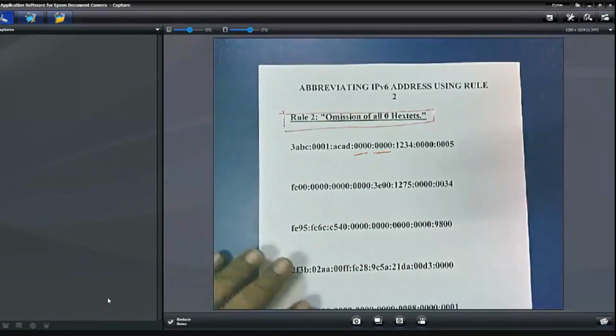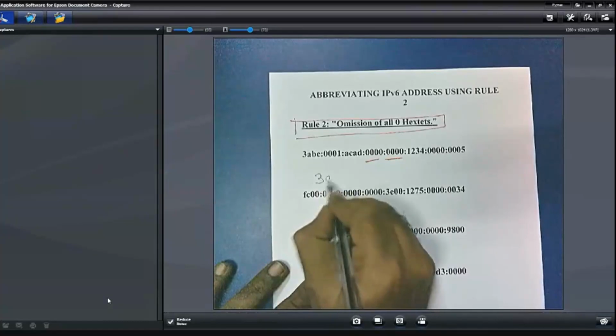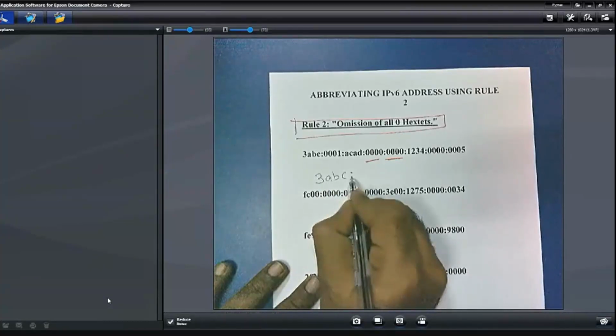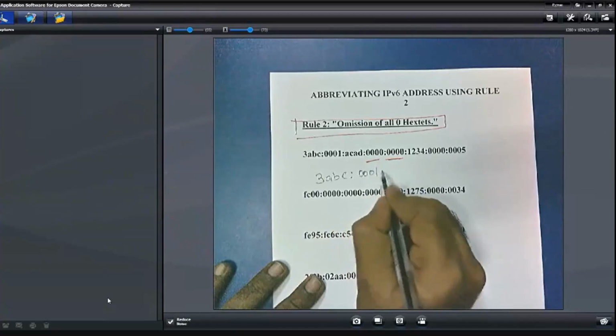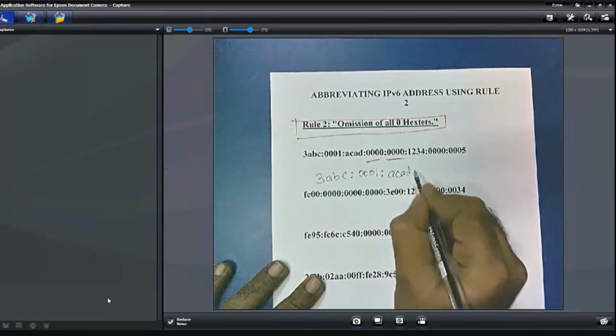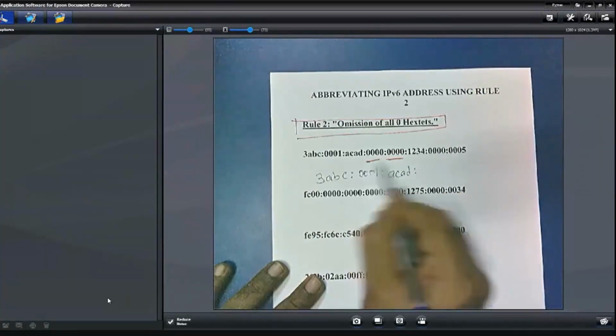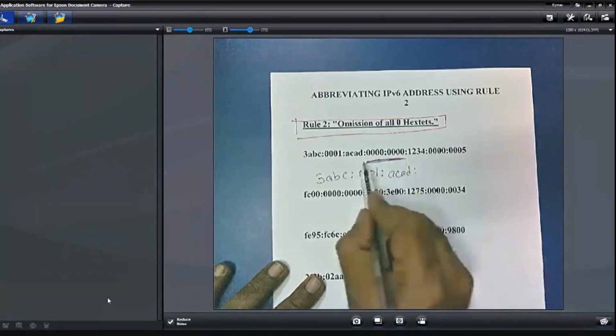Okay, now I'm going to write this. Look at the paper. So 3ABC, 0001, ACAD, then continuously zeros are coming, 2 blocks or 2 hextets of continuous zeros.